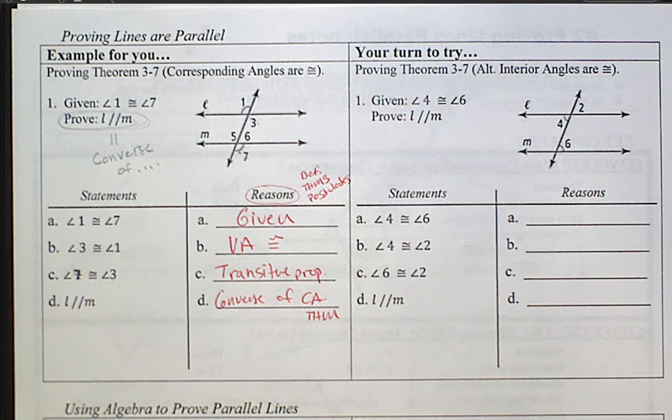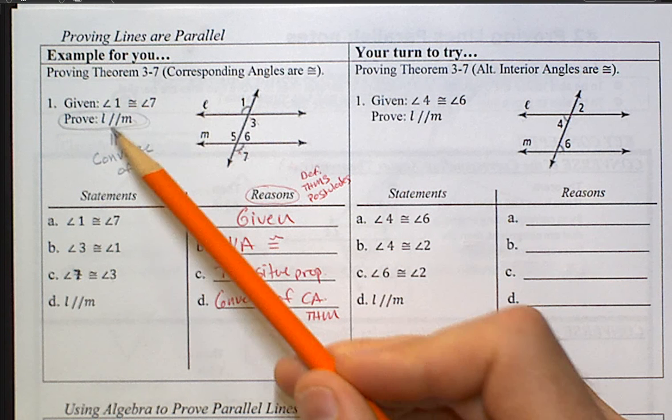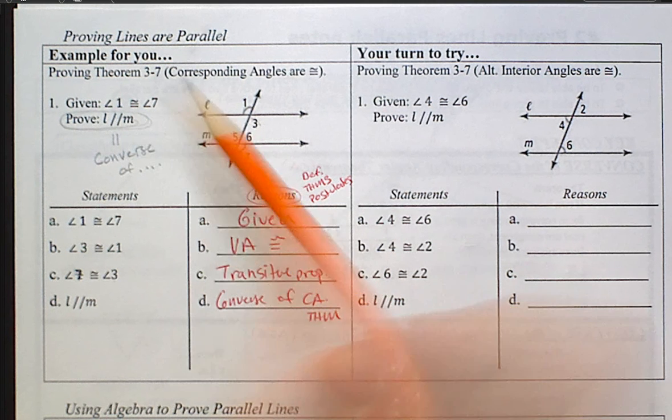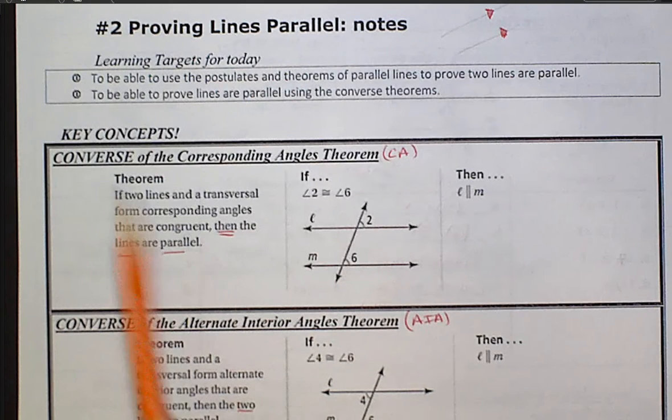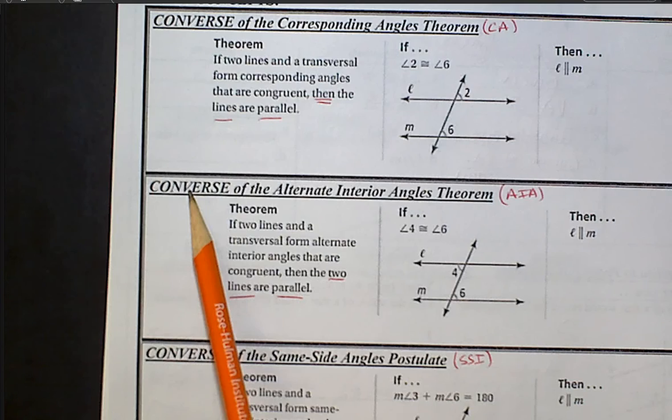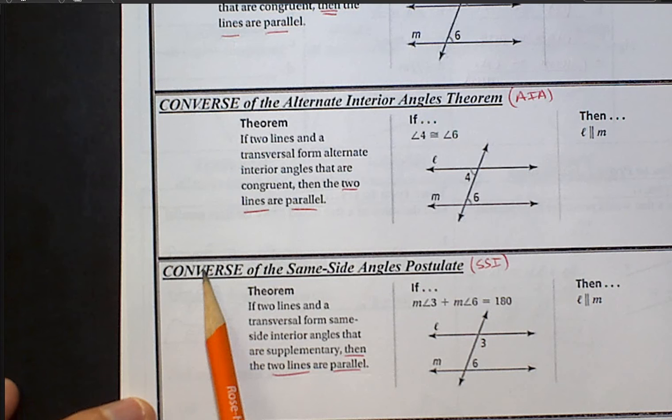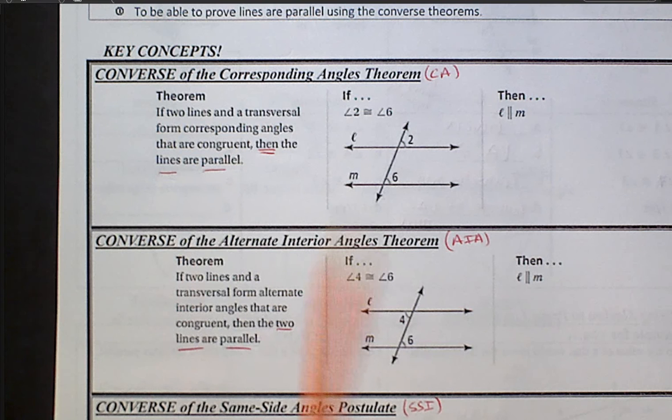But that's a big key as you move forward with proofs. For this one, proving lines parallel, it's the converse, okay? Because all three of these say converse, converse, converse, and they all end with then lines are parallel. So it takes a little bit of time to get used to that verbiage, but hopefully over time you get there.